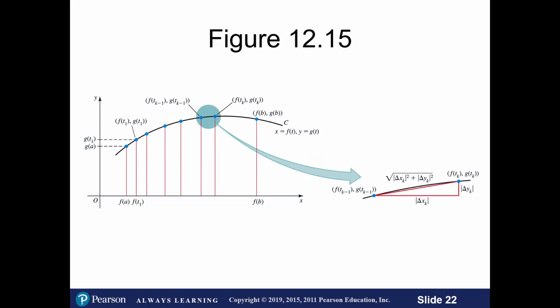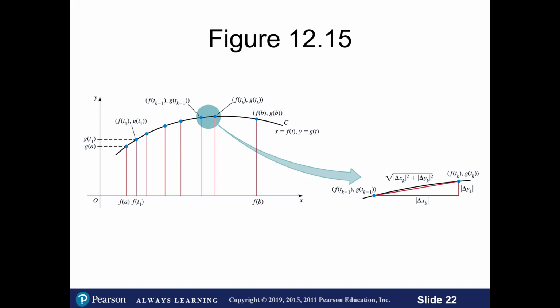And from the Pythagorean theorem, that's the square root of the horizontal distance, delta x k, plus the vertical distance, delta y k, both squared. So the square root of delta x k squared plus delta y k squared. And that's approximately equal to the length of that little piece of my curve.